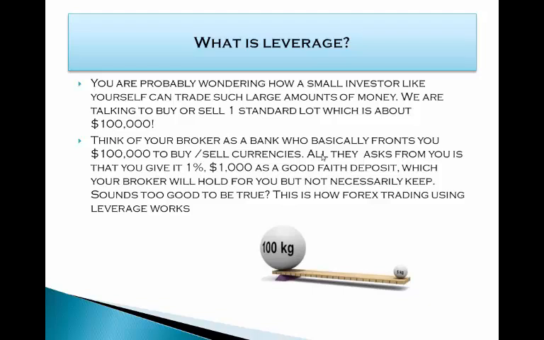The good thing about forex is the broker effectively lends you the money. They don't actually lend you the money, but they have a mechanism in place we call leverage. Let's say you open an account with a broker, and the broker offers you 1:100 leverage. That means that in order to trade one standard lot, you no longer need 100,000 in your account.